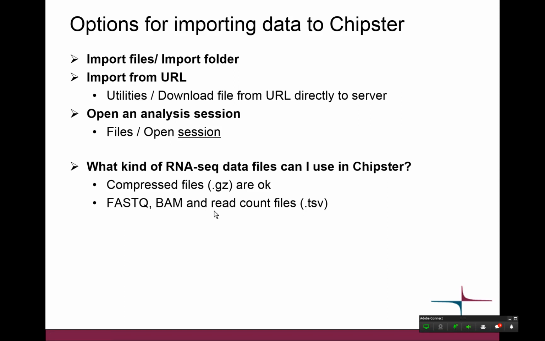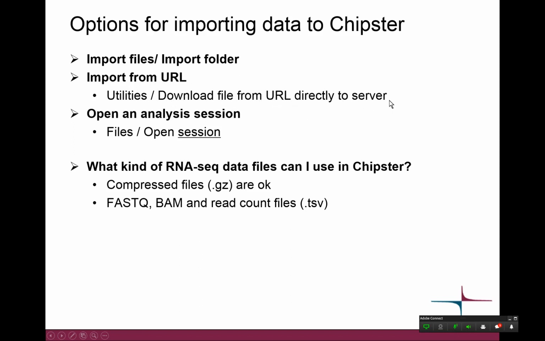Then a couple of words about how you import data to Chipster. The data can come from your own computer. It can be individual files, or you can import a whole folder. This is especially handy with sequencing data because the files can be very big. If the sequencing core facility puts the files behind a URL on the net somewhere, then you can actually download them directly from there to the server.